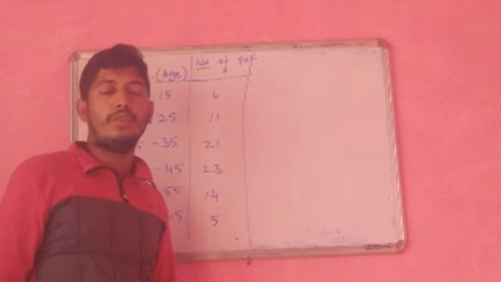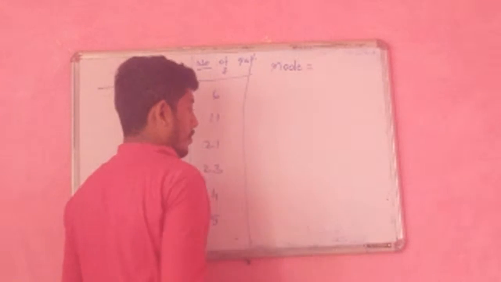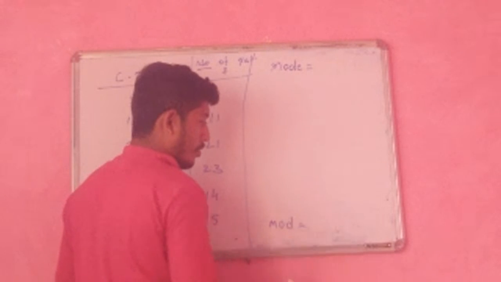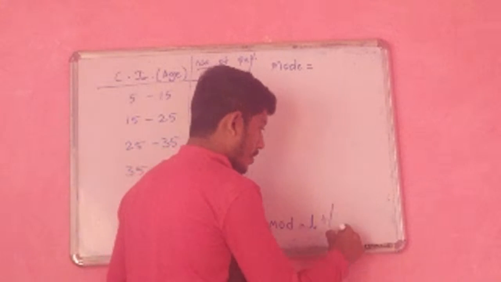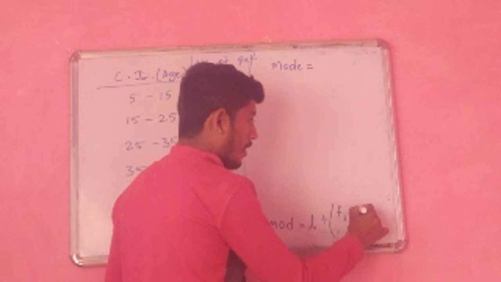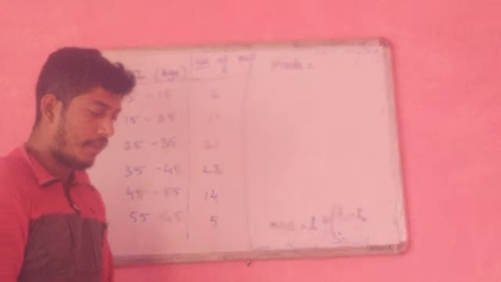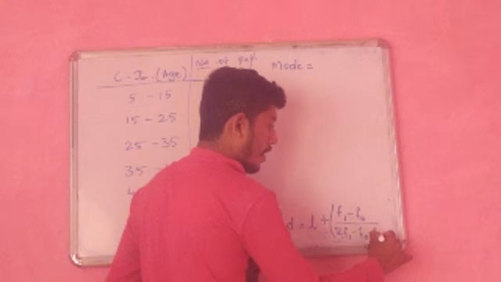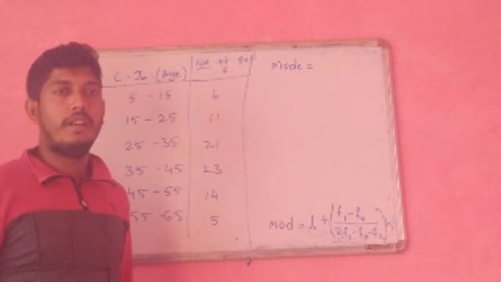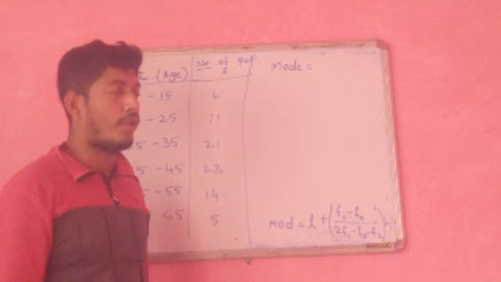Now the formula to find the mode is: mode equals L plus (F1 minus F0) divided by (2F1 minus F0 minus F2), into H. So this is the formula.